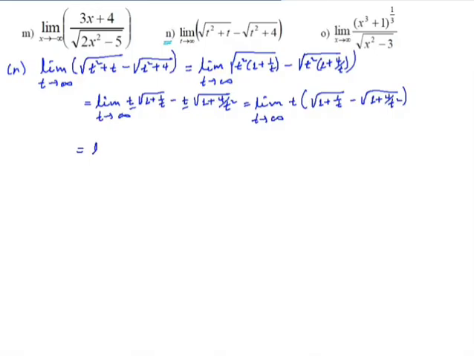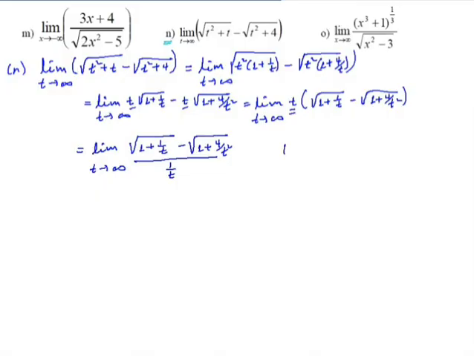So this limit can also be written as the limit of radical 1 plus 1 over t minus radical 1 plus 4 over t squared, all over 1 over t, as t approaches infinity. So I took this t into the denominator.